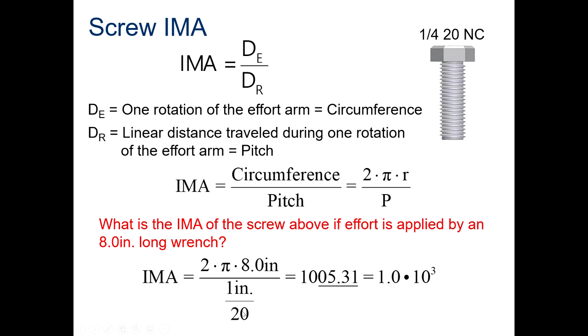So we've got 1 divided by 20. So that comes out to 1005.31. And so we'll just round this off to 1 times 10 to the third, which is 1,000. The 10 to the third just means writing 3 zeros onto the 1 right there. So the ideal mechanical advantage is going to be about 1,000.